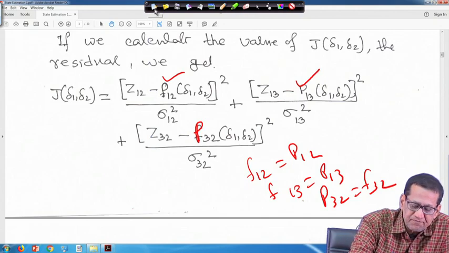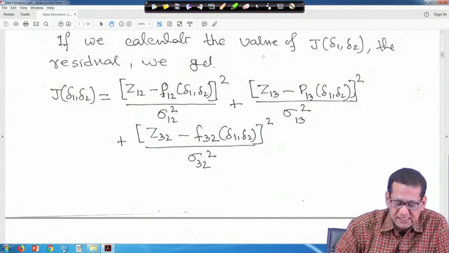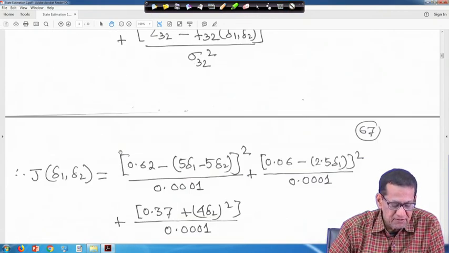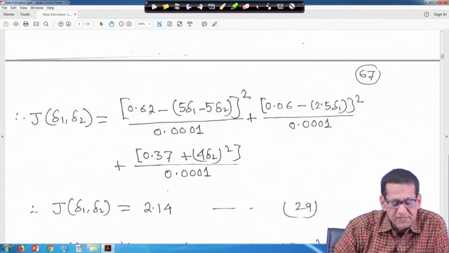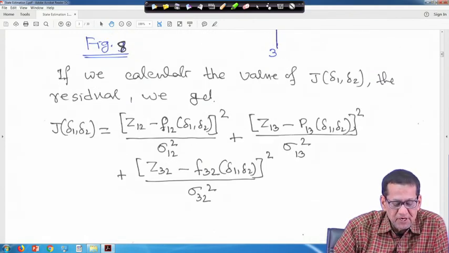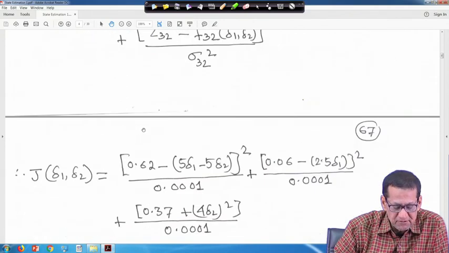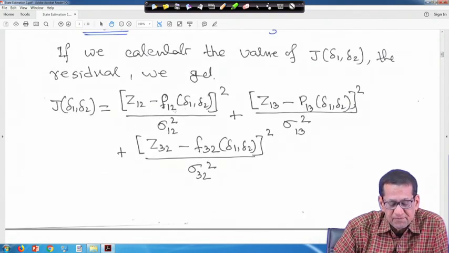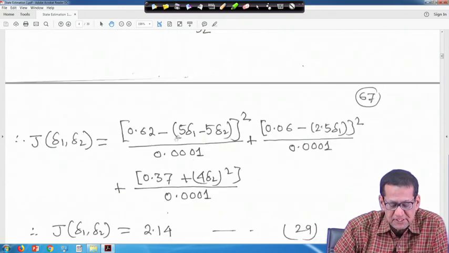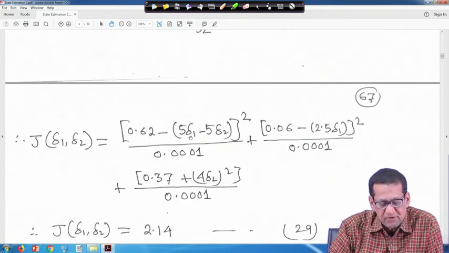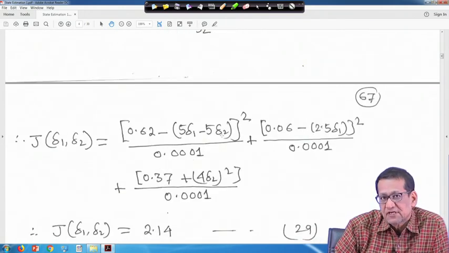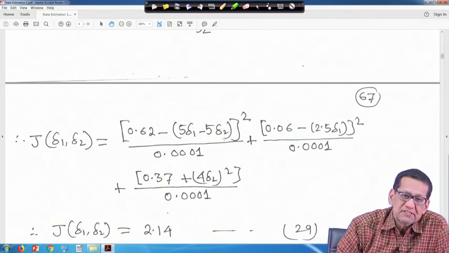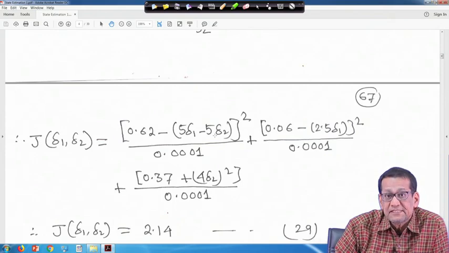Now the measured value, W12, that is Z12, is 0.62, and P12 equals F12, which is minus 5 delta 1 minus 5 delta 2. We saw this while finding the power flow from 1 to 2, along with the H matrix.